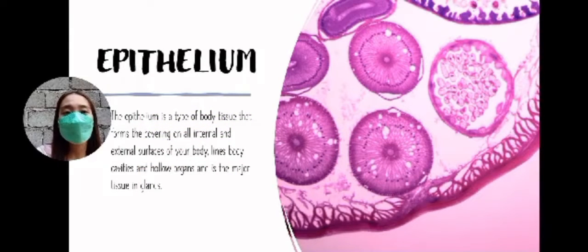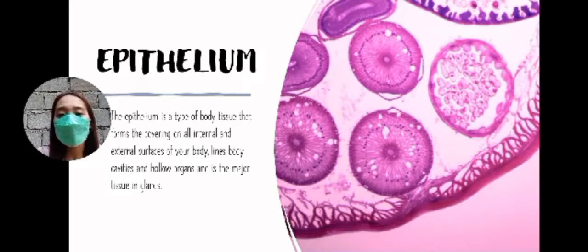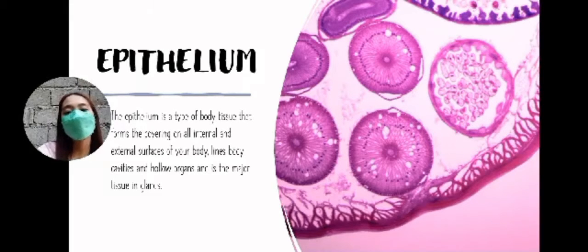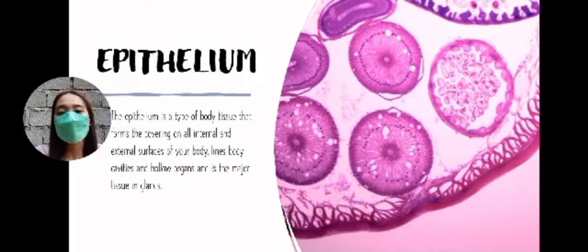So, epithelium. The epithelium is a type of body tissue that forms the covering on all internal and external surfaces of your body, lines body cavities and hollow organs, and is the major tissue in glands. Epithelial tissue has a variety of functions depending on where it is located in your body, including protection, secretion, and absorption.